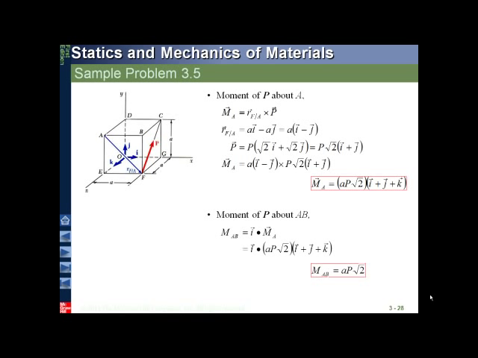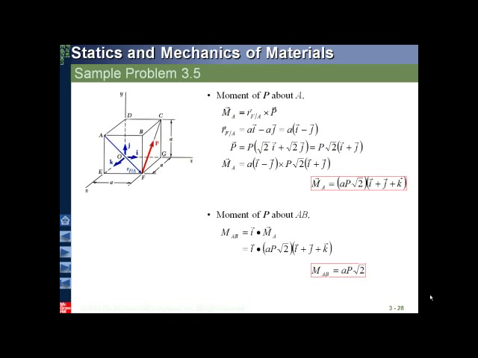In this case, AB is exactly 1 unit in the i direction. So we're going to dot product that with the moment.